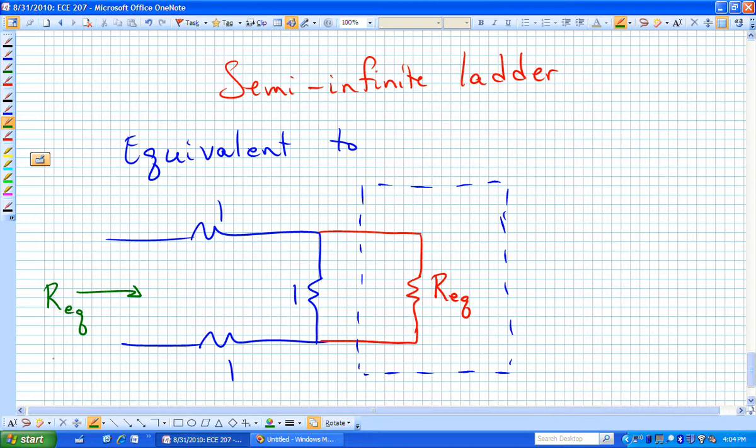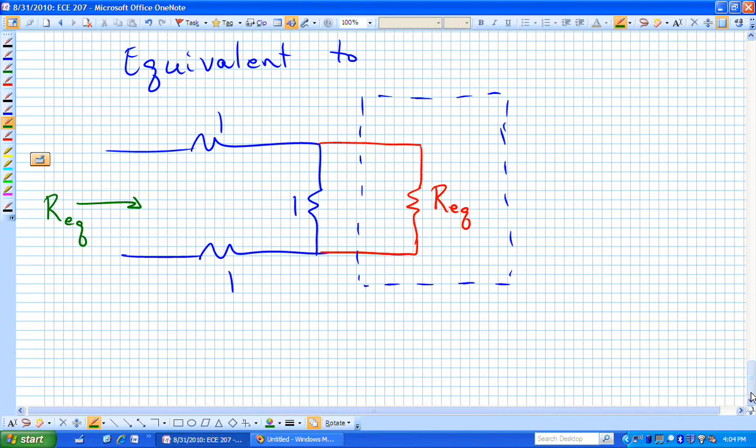Let's see if we can write an equation that describes this relationship. Can I write a formula for the green R equivalent in terms of 1s and the red R equivalent, where the green and the red are actually the same? What would be my equation? Here's the green. R equivalent is equal to this plus that.